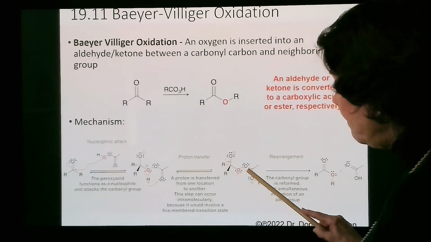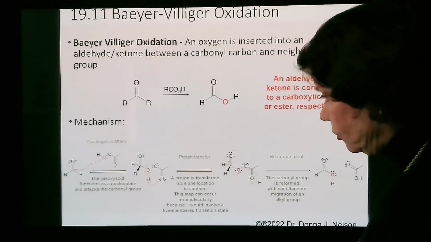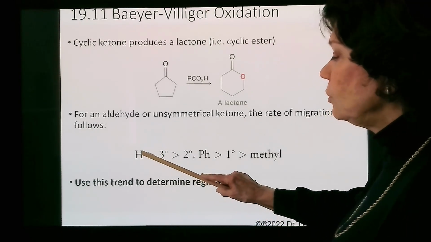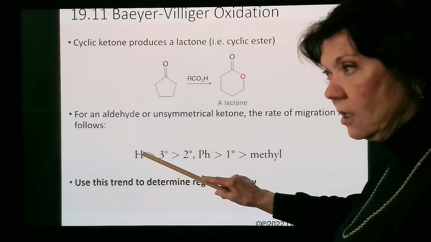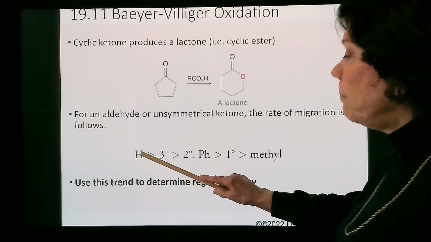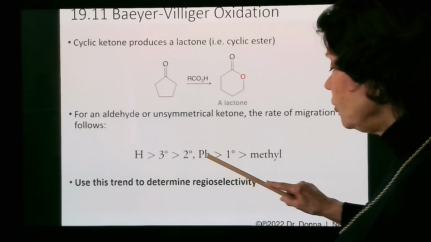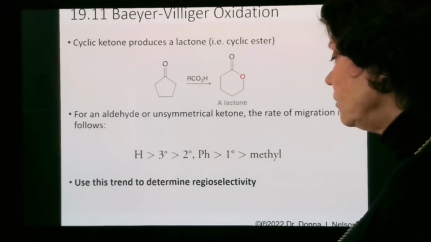And then that pair of electrons is departing with this oxygen. So in the migratory aptitude, what it is, the hydrogen, H-, the hydride, it migrates easiest, then it's tertiary, secondary, primary, and then methyl is least.